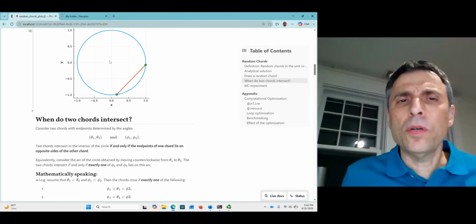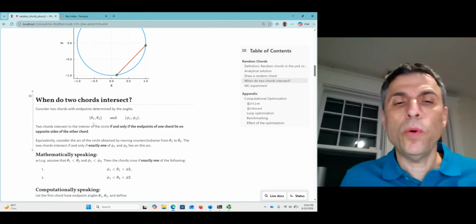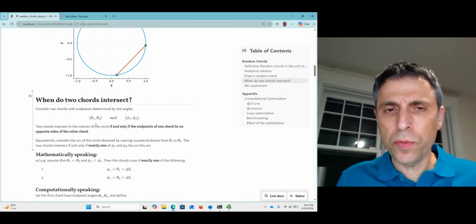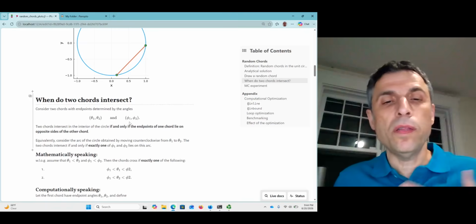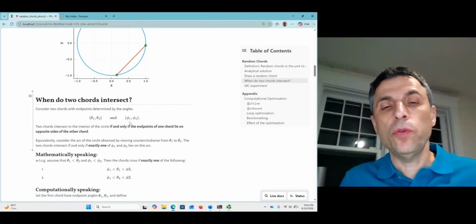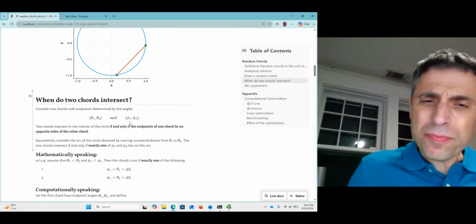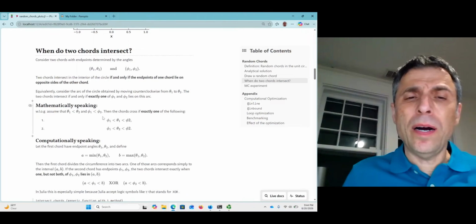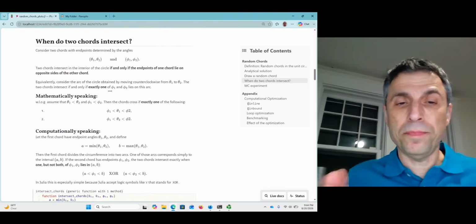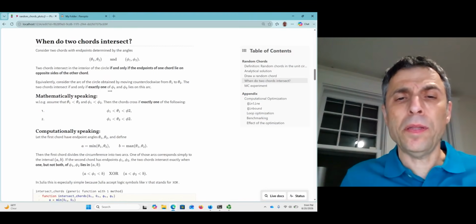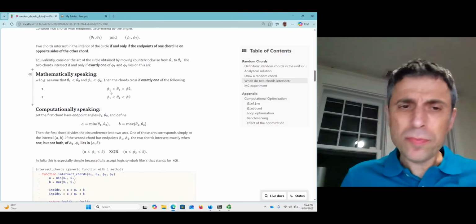So we need to explain what it means for two chords to intersect. The first chord is theta 1, theta 2, again drawn from the uniform distribution. Another chord we denote by phi 1, phi 2, drawn in the same way. Now suppose that we order these pairs.